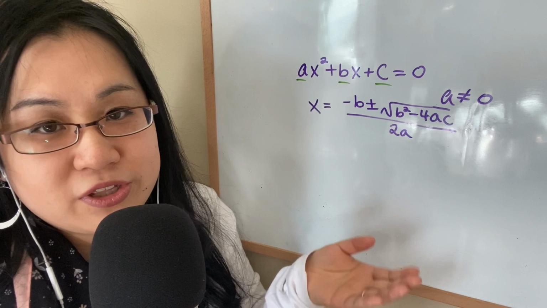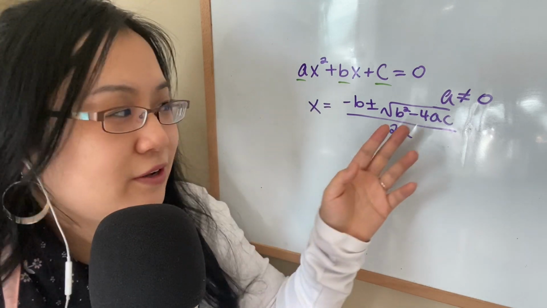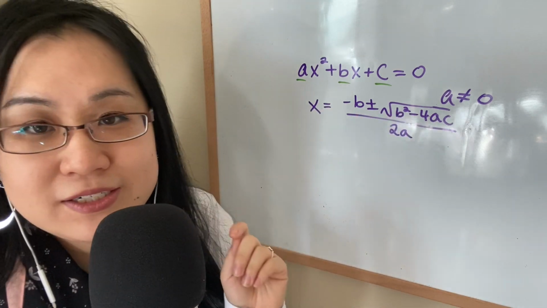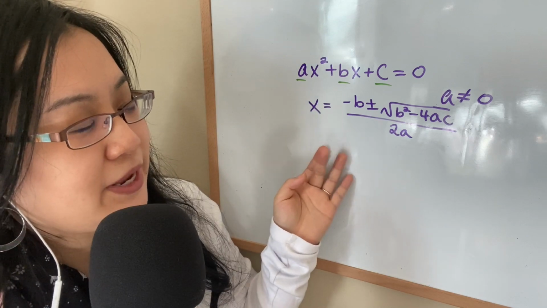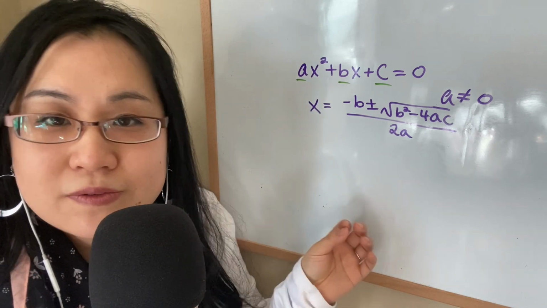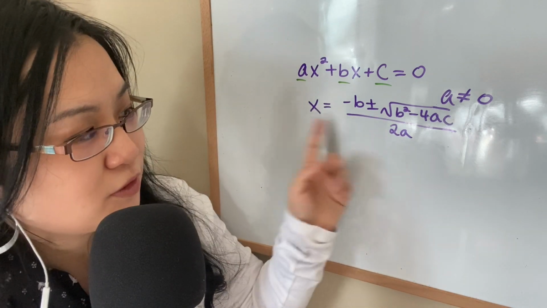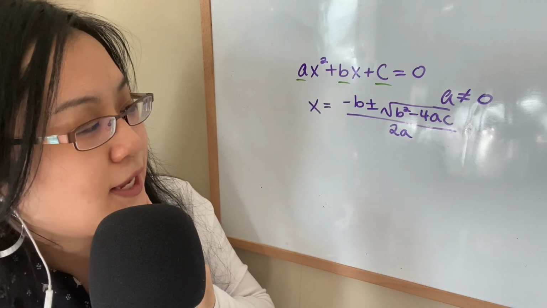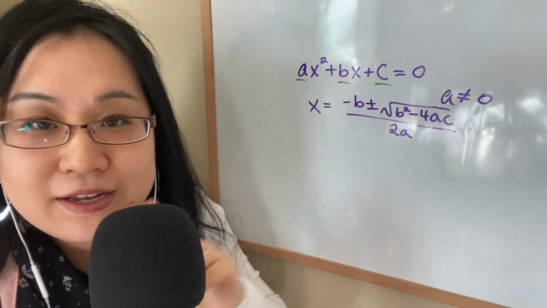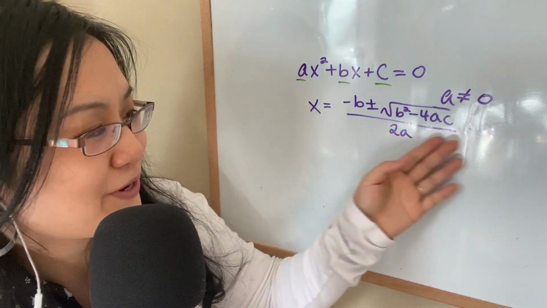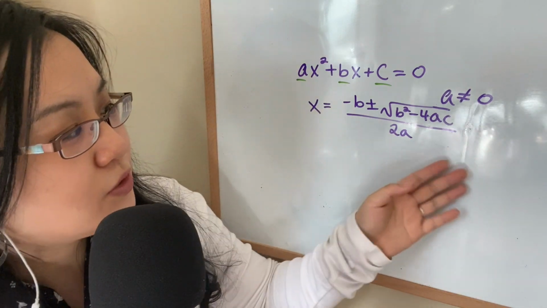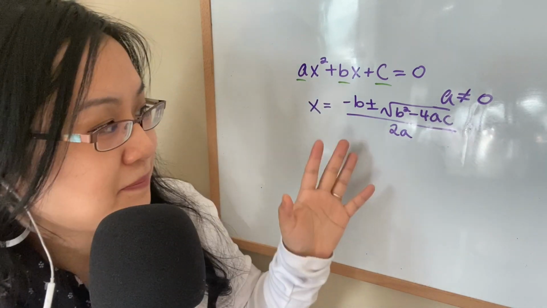So if you're trying to plug that into a calculator, just be aware of what step, do this one at a time, and if things are still going wrong, then make sure you're memorizing the formula correctly, and if you're still stuck, just let me know. No worries here. So that's the general case, okay?